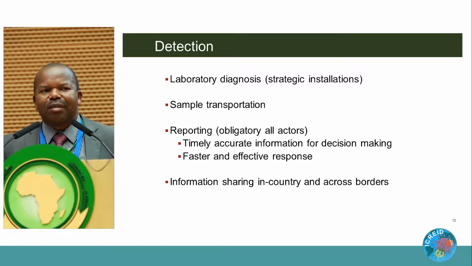And you might find sometimes an individual carrying this sample in a bus that is carrying everybody else, and you never know what happens if somebody comes into contact with it. So those are risk factors that make us think we need to have laboratory installations in the right places.